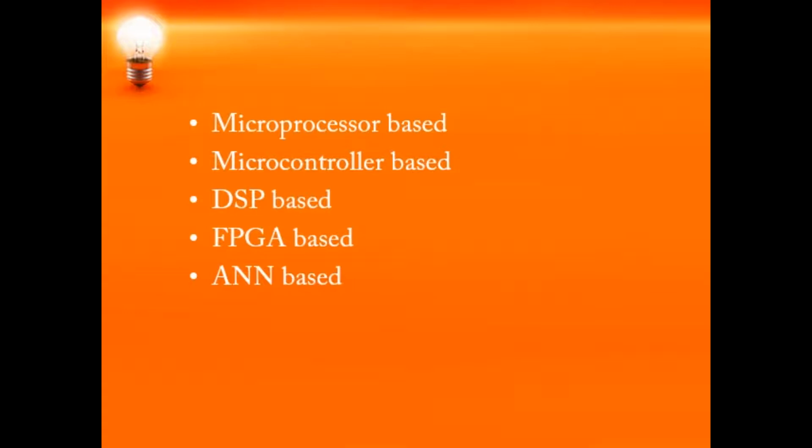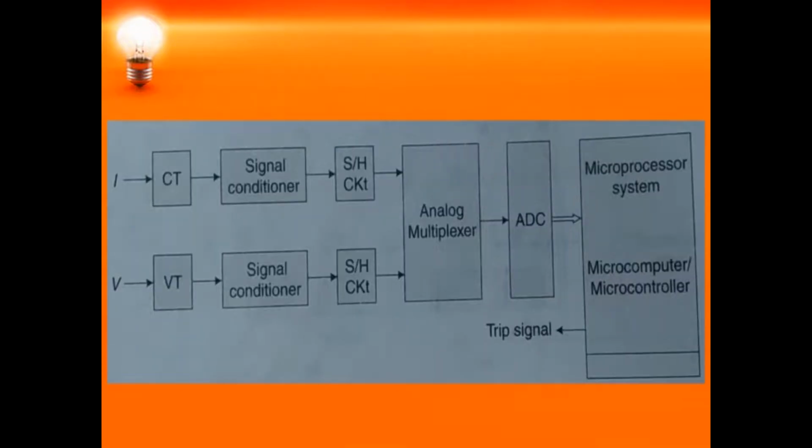We'll see each one of these one by one. So basically, in the microprocessor based or microcontroller based relays, as you can see here, this is just a block diagram of a numerical relay. Here even voltage is shown. In the case of overcurrent relays, we are just monitoring the current, not voltage.